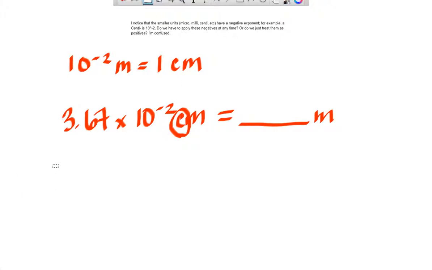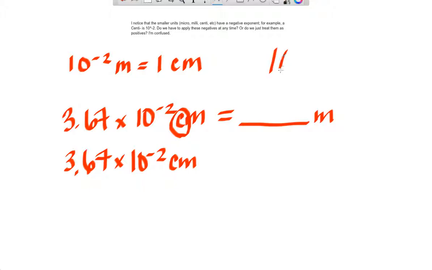My pen has disappeared. Come back. There it is. 3.67 times 10 to the minus 2 centimeters. Just to give you an idea, it can mean that there's 10 to the 2 centimeters in 1 meter.